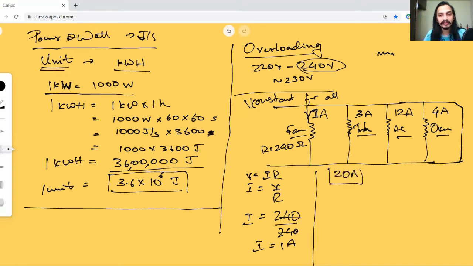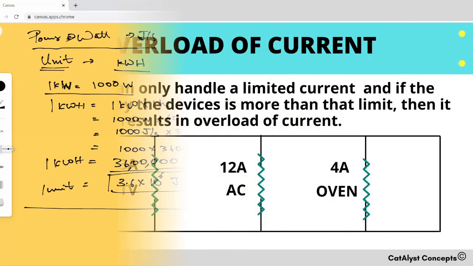Let's assume the limit is 20 amperes for now. Which means if your appliances are taking more than 20 amperes of current, we are overloading the circuit. If you're crossing the higher limit of current, it means you're overloading your circuit, meaning there are too many loads on it.